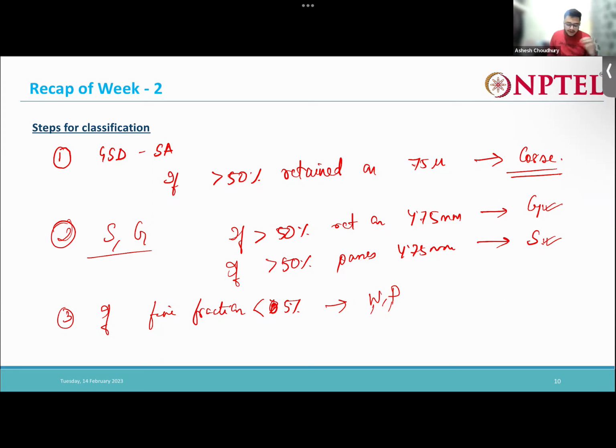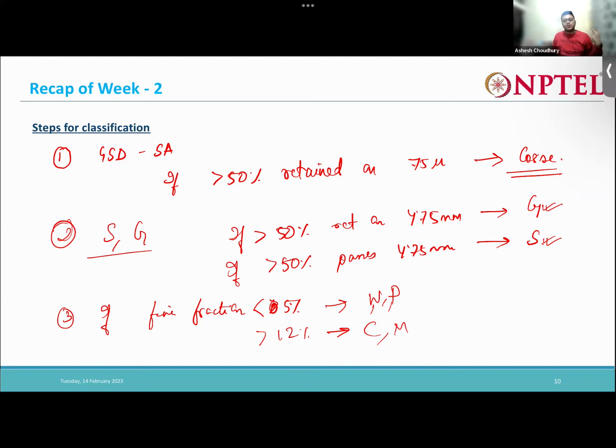Now next, if our fine fraction is greater than 12%, then what will be your suffix? It will be either clayey or silty, C or M. To know C or M, you need to do the liquid limit and plastic limit test on the soil.